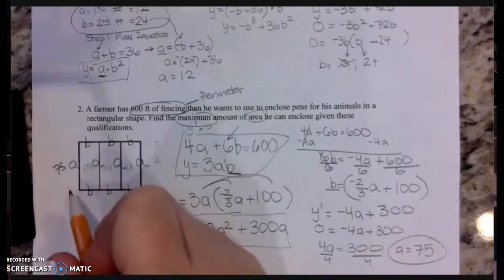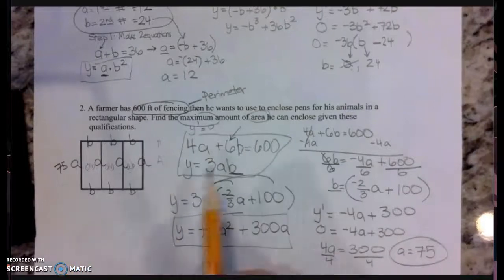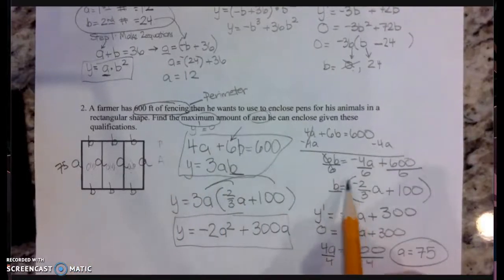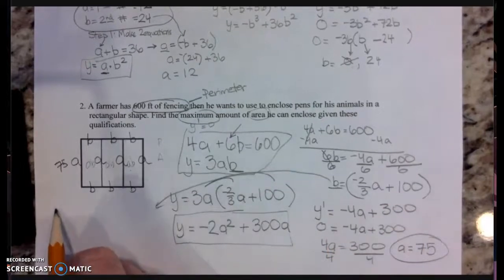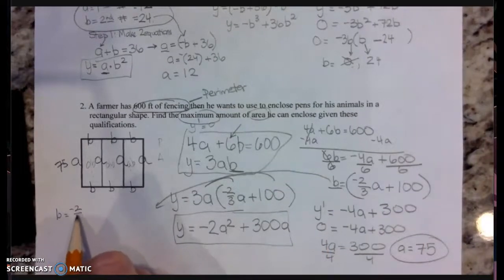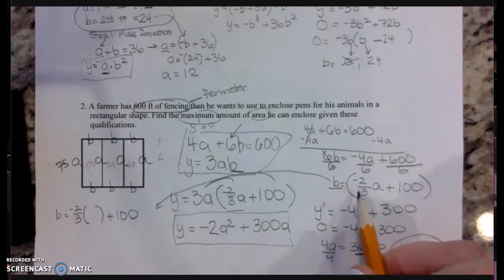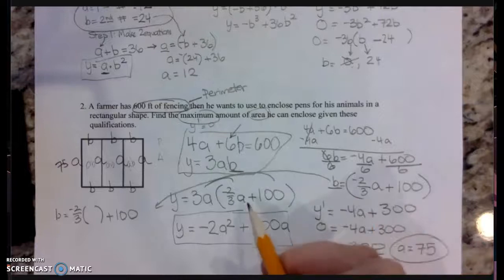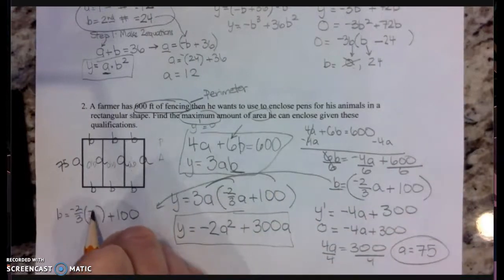Good times. Now I have to find B. So where is, oh, here. This guy here with the parentheses. I'm going to take this over here. I have more room. B is going to equal -2/3 times A plus 100. I'm going to use substitution again. Now I'm substituting in, and I'm going to put 75 in here.